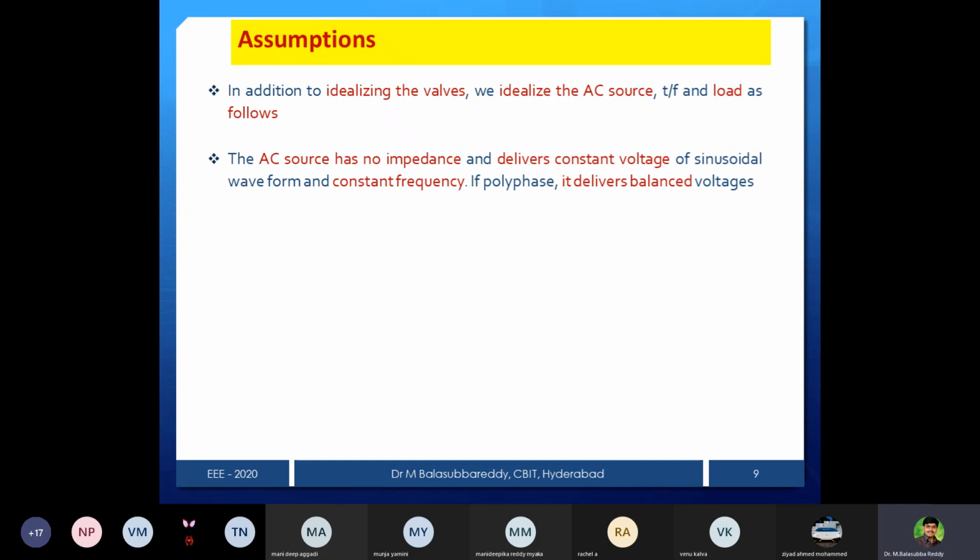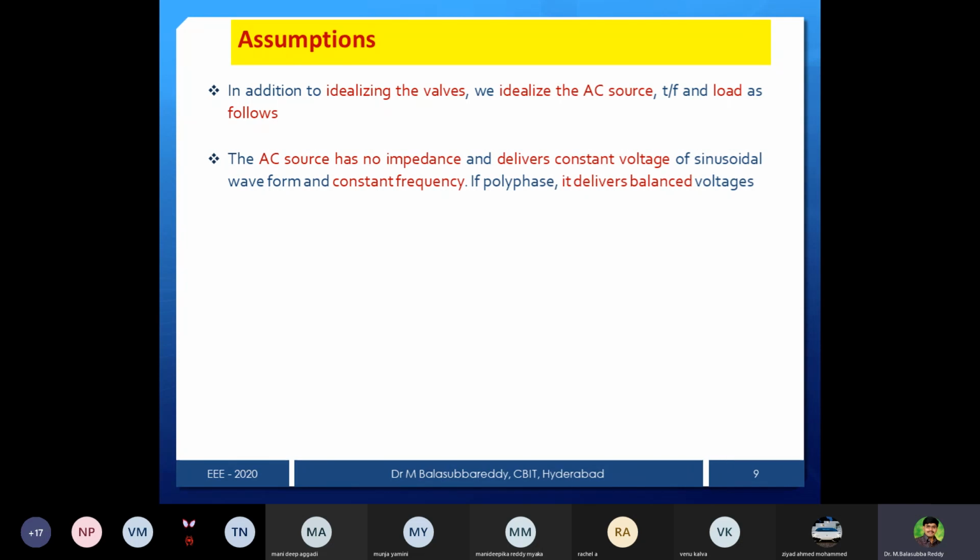On the source side, the source has no impedance and delivers a constant voltage of sinusoidal waveform and constant frequency. This is very essential on the source side. But practically, it may not be a no impedance case. There is impedance, as a source resistance, because a lot of wires are there and we have to connect the transformers.